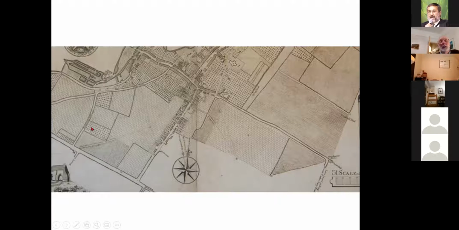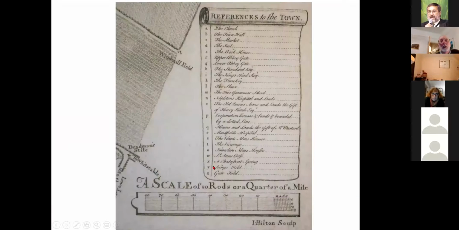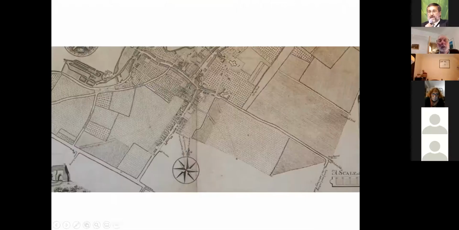Now this area here, Kingsfield, that's where the Saxon burial ground was found when the railway was being built through here. The Gibbs collection of Saxon brooches and other items was found in that area there.